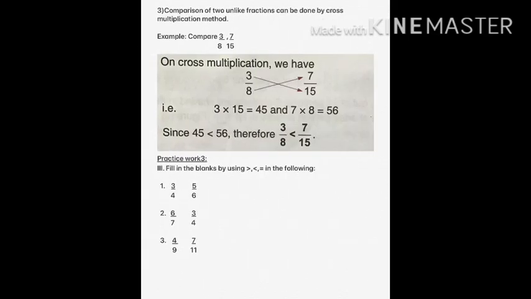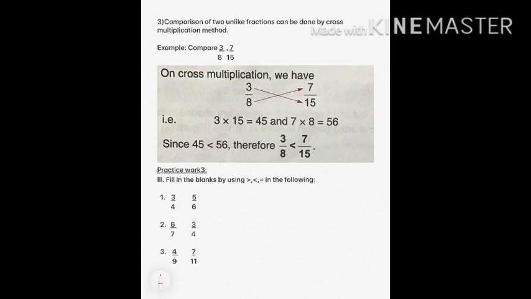All right, then the third type of question, if the numerators are not the same and neither are the denominators, then you will do a cross multiplication. In this case you will multiply 3 by 6 and 5 by 4, like this, 3 upon 4 and 5 upon 6.